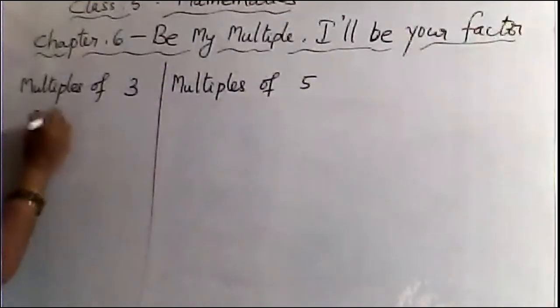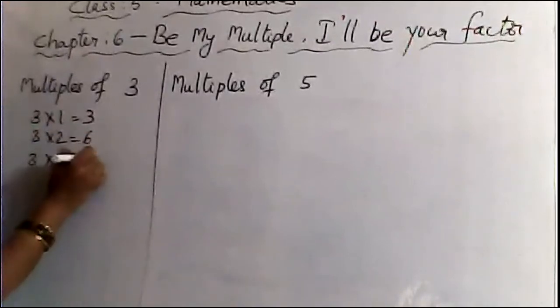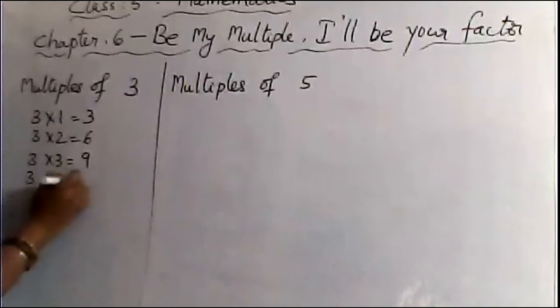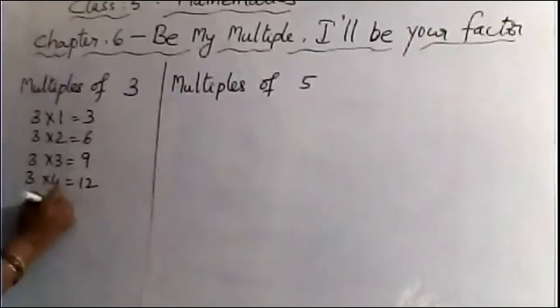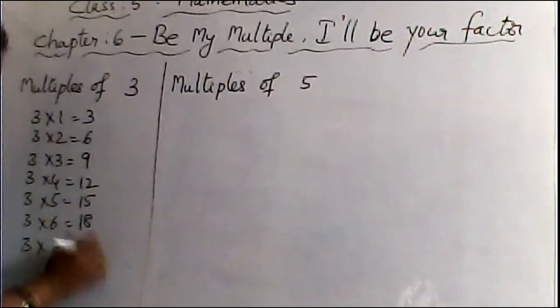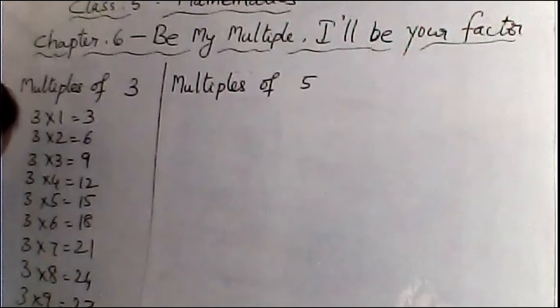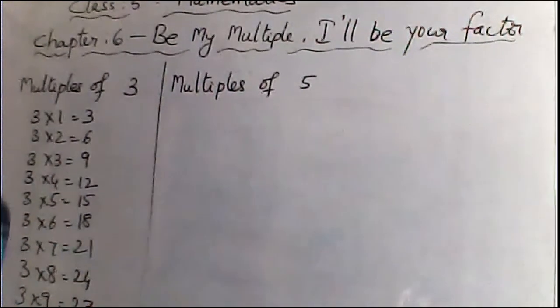The number which is multiplied by 3. 3 ones are 3, 3 twos are 6, 3 threes are 9, 3 fours are 12, 3 fives are 15, 3 sixes are 18, 3 sevens are 21, 3 eights are 24, 3 nines are 27, 3 tens are 30. Very good.